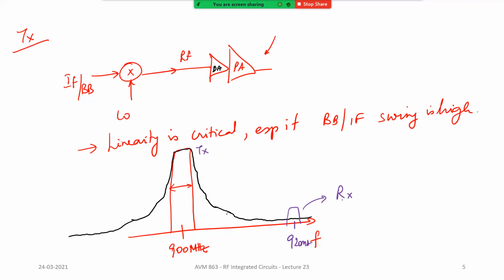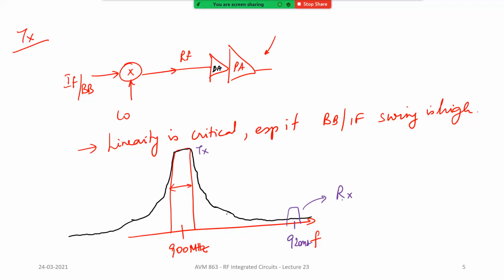So that is to say, your transmitter and receiver are working at the same time, correct? And the noise produced by the power amplifier somehow gets to your receiver. Your PA and your LNA are working at the same time, both at different frequencies.